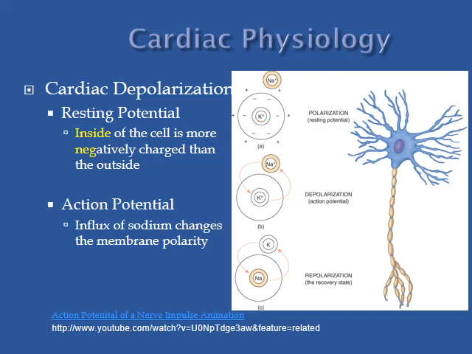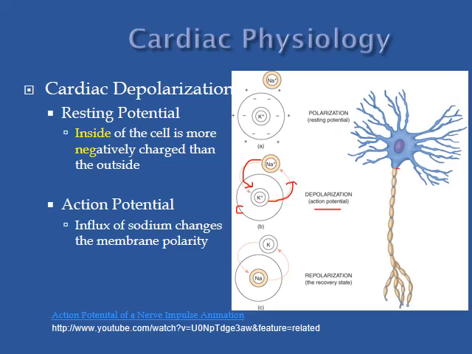Then in the action potential or depolarization state, sodium rushes inside the cell. And remember, calcium goes with sodium for that depolarization, and calcium also helps with muscle contraction. In the action state, potassium goes out of the cell.